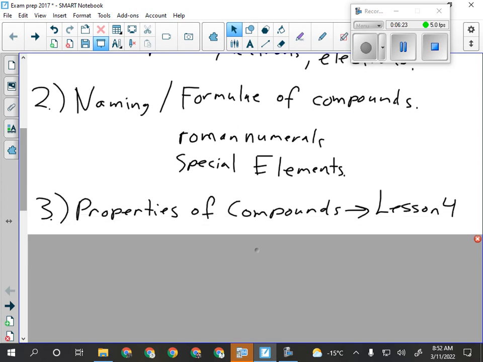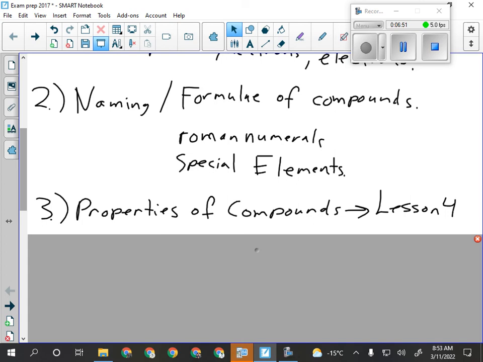Properties of compounds. So this is lesson 4. Okay, and then we did a lab where we identified unknown compounds using only their physical properties. Okay, this is going to be pretty much all tested in the multiple choice. So I might give you a question something like this.